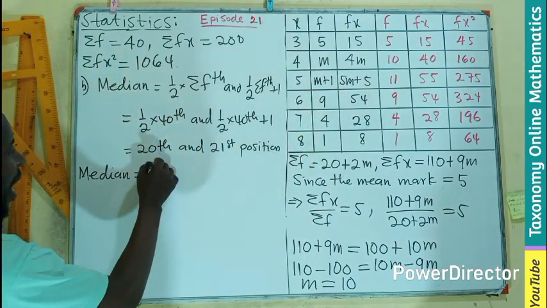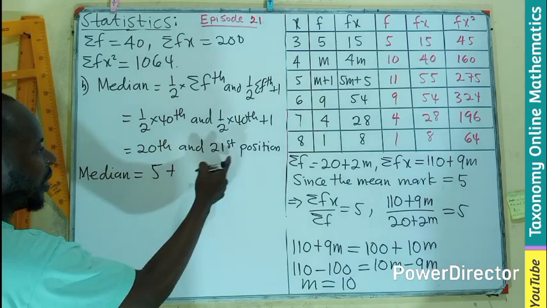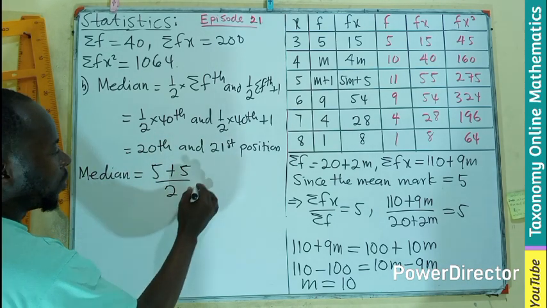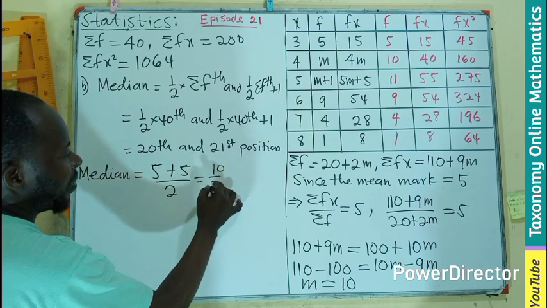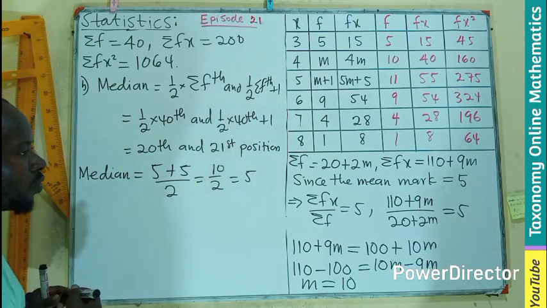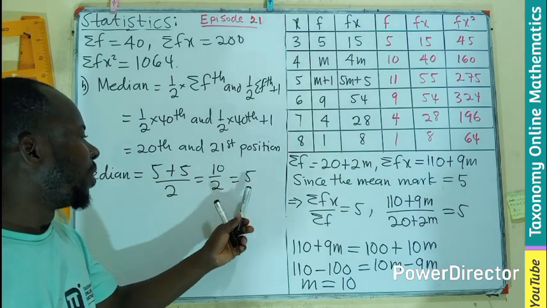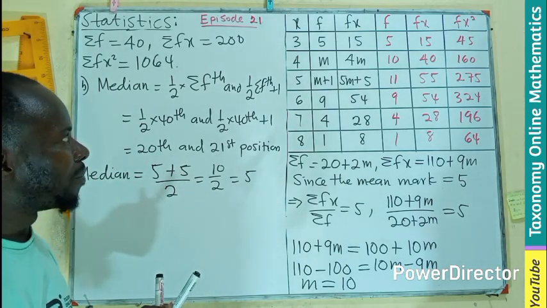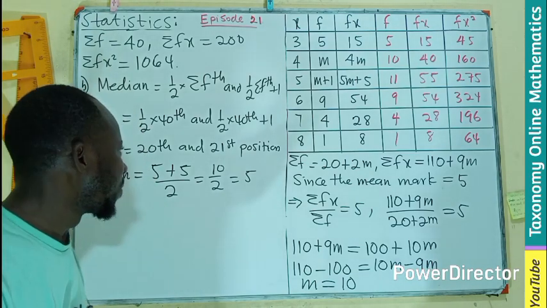So that means 5 on the 20th position, 5 on the 21st position, divided by 2. It will be 10 divided by 2 equals what? 5. We are looking for the score, so 5 will be the median score. So 5 marks, if it is a mark. Okay, let's leave it that way.